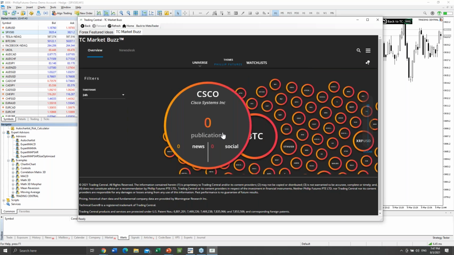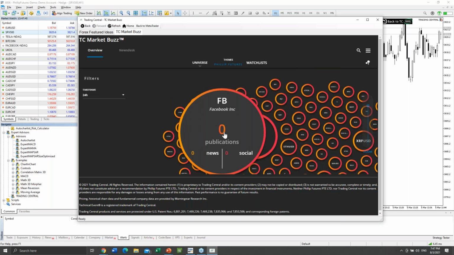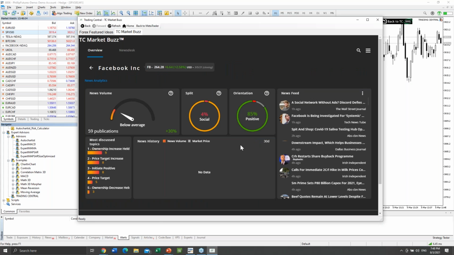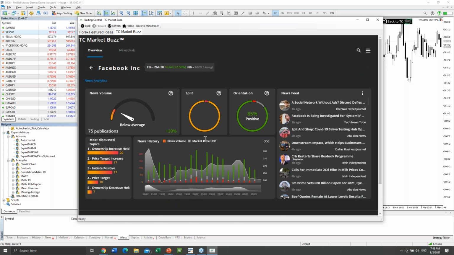So we just hover over one very quickly. Facebook. Okay, so over here you can see at a glance that there are 75 publications, 72 of which come from news outlets, 3 from social media. So if I click into it, what I should see is a more detailed view of what is going on with this product specifically.